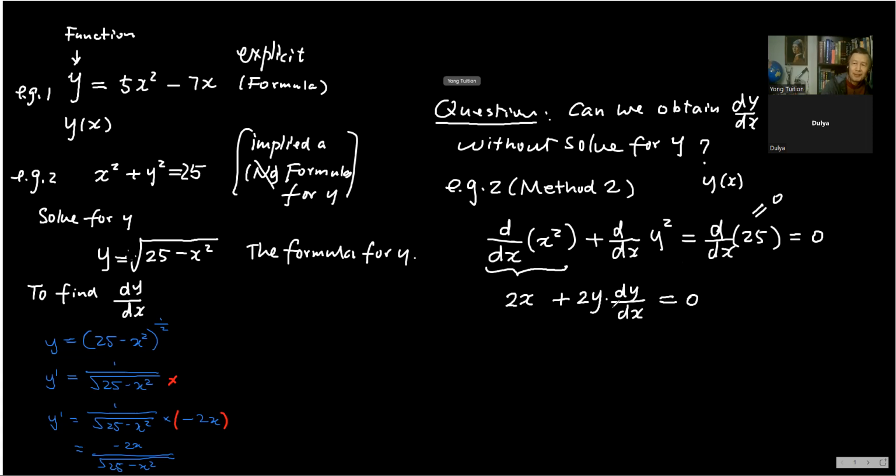Because this is similar to the chain rule, isn't it? Similar to the chain rule because y is a function of x. So if we want to find, y in this case is a function of something else. Y is another function.